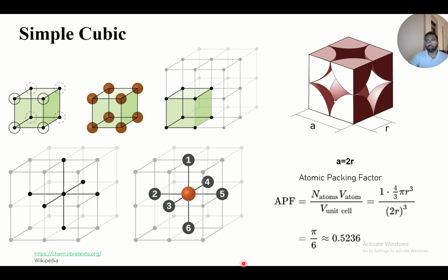Then we come to know the atomic packing factor is around 0.52. Or if you multiply, you can say that 52% of the unit cell is occupied by the atoms, and the rest is empty.